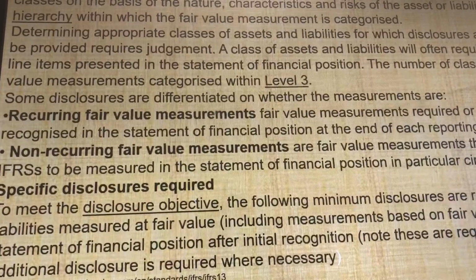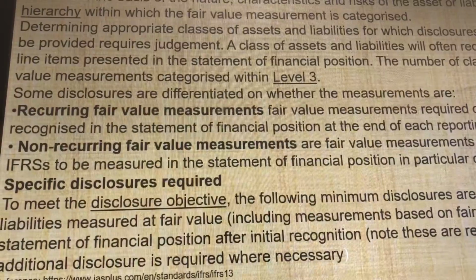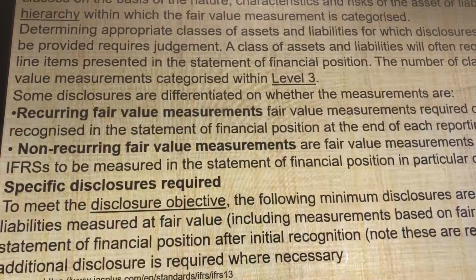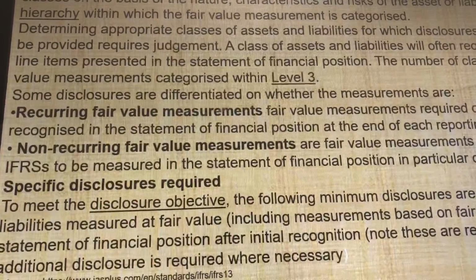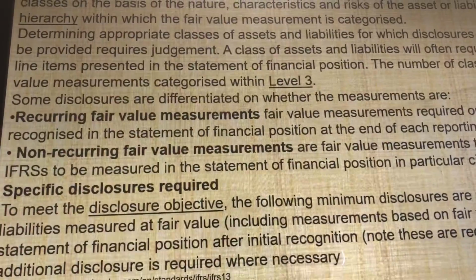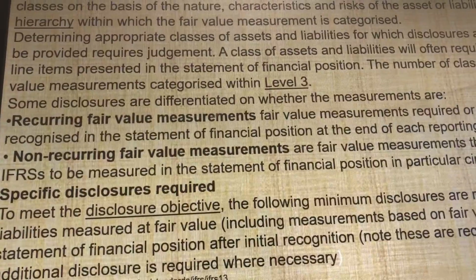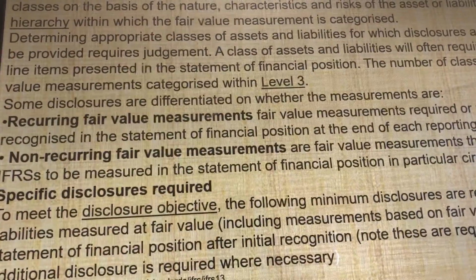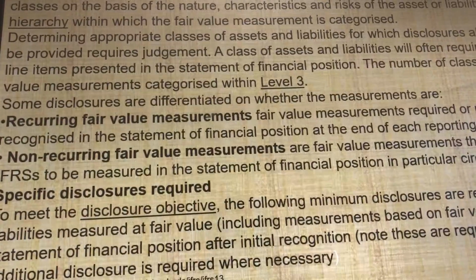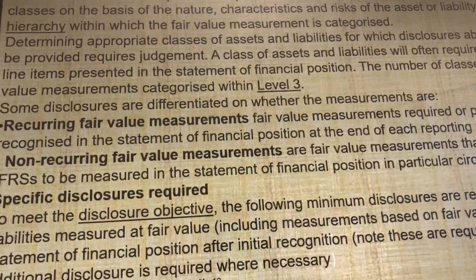So recurring fair value measurements are those that other IFRS require or permit to be recognized in the statement of financial position at the end of each reporting period, while non-recurring fair value measurements are fair value measurements that other IFRS require or permit to be measured in the statement of financial position in particular circumstances.